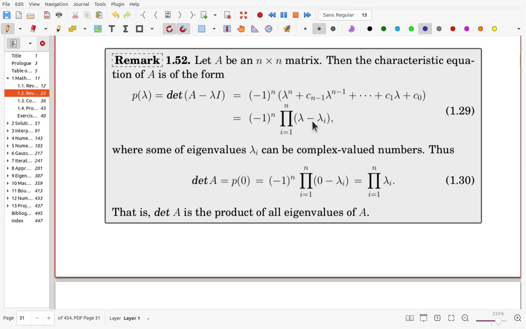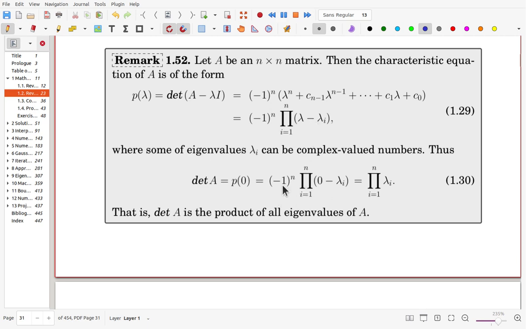Okay. Here, in general, the eigenvalues are complex values. And once lambda is 0, it becomes the determinant of A. So when lambda is 0, this term can be written in this way.